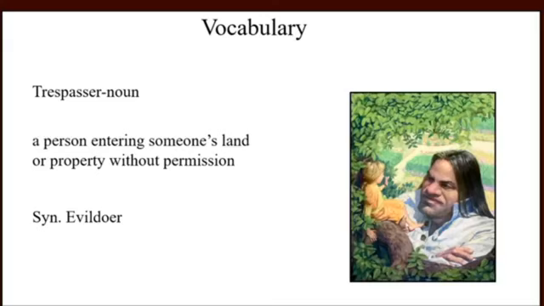And the synonym is evildoer. Evildoer. So we can make a sentence like this. We should never be a trespasser. So we have finished the vocabularies that are given in the beginning.